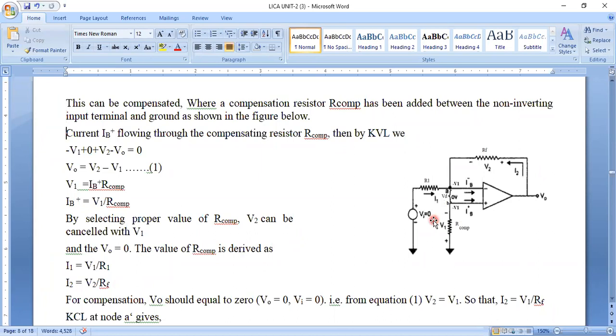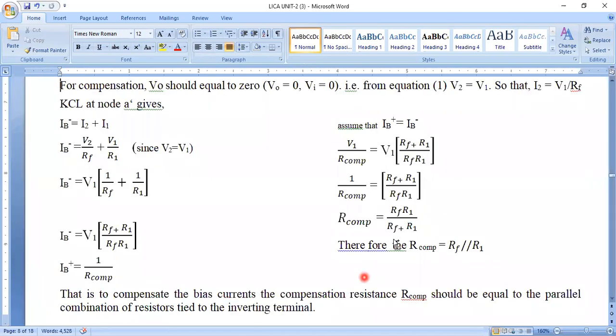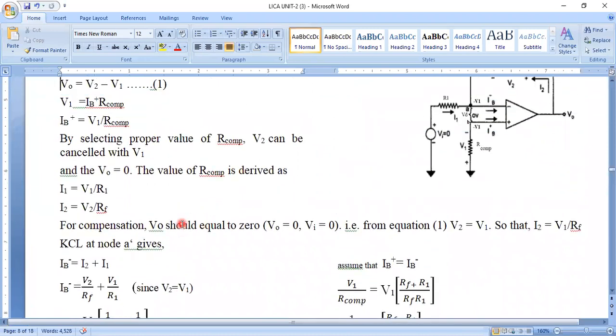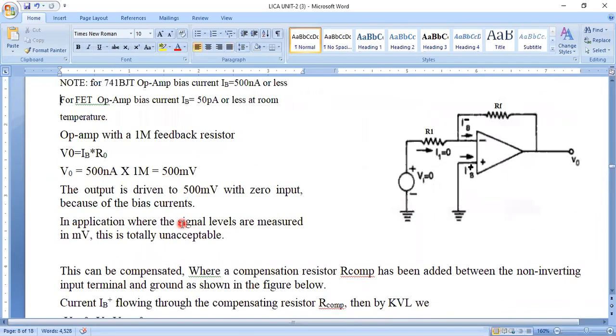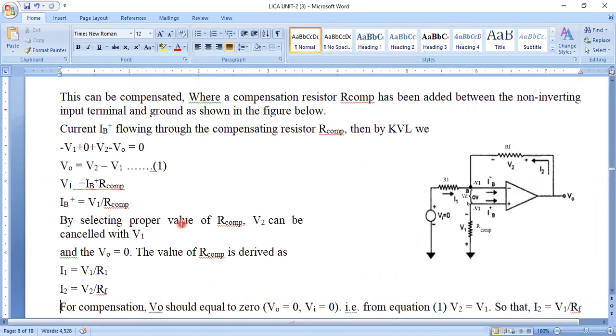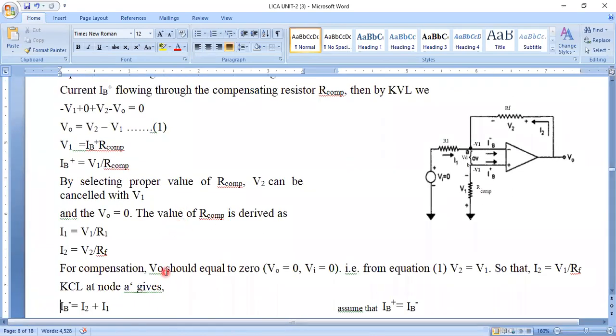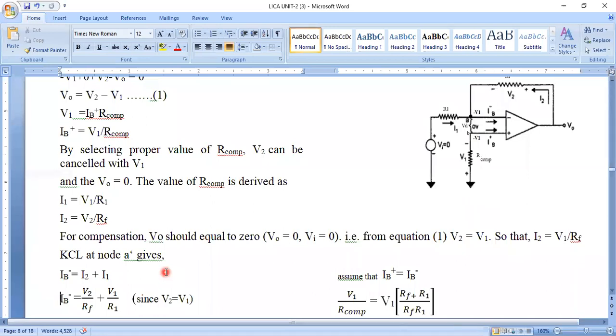If we apply KVL at the particular node A, the ongoing current IB minus, which is the base current flowing through the inverting terminal, is equal to I2 plus I1.